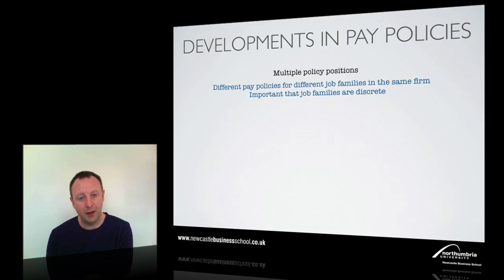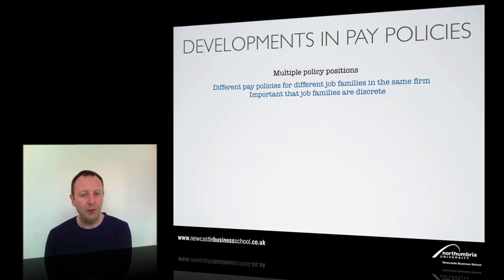And of course, Adams' equity theory is very important in relation to this. Now, that capacity for employees to compare doesn't go away just because we've decided that we're going to operate multiple pay policy positions.